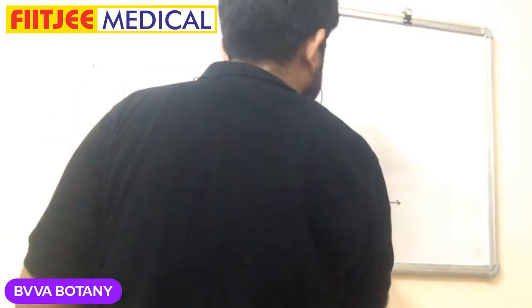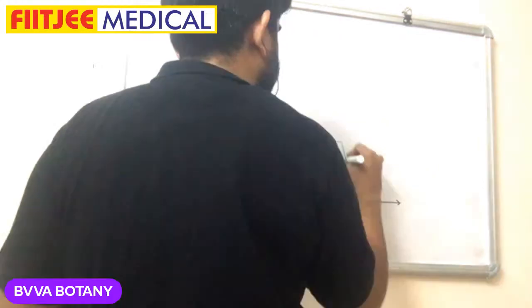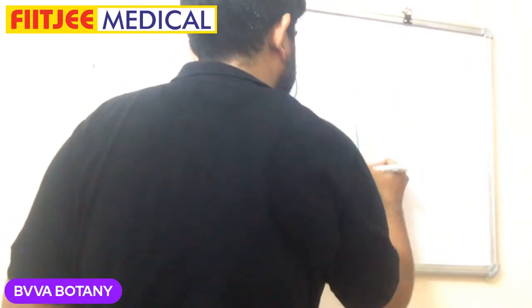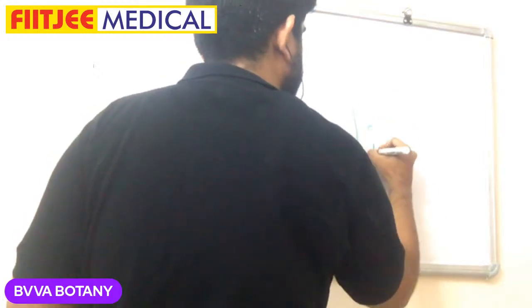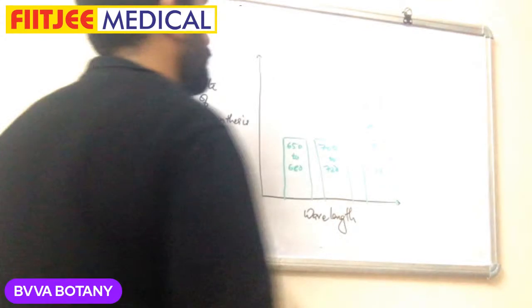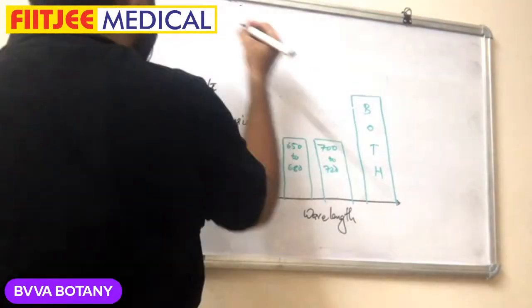Then we gave 700 to 720 nanometer, and when both were given together there is an increase, which we call the enhancement effect. So he concluded that the rate of photosynthesis is larger when given simultaneously.